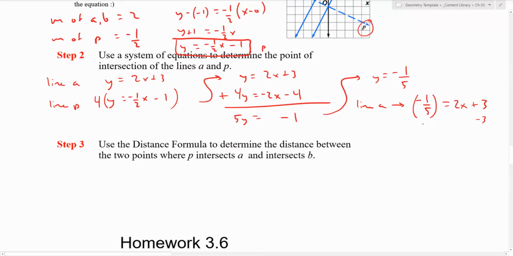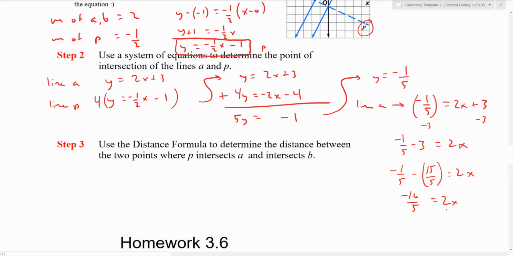Subtract 3, subtract 3. Negative 1/5 minus 3 equals 2x. I need a common denominator of 5. So negative 1/5 minus 15/5 equals 2x. Negative 1 minus 15 is negative 16. Negative 16/5 equals 2x.